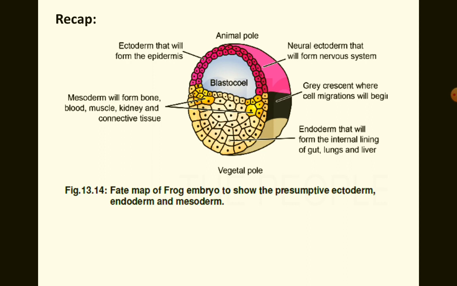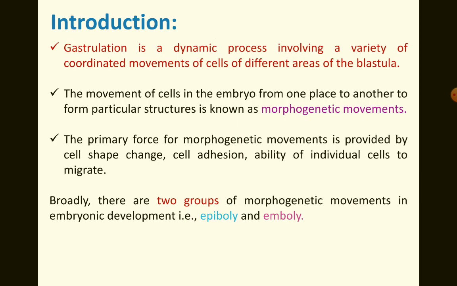Now let us understand in detail how this whole process of gastrulation takes place. Gastrulation is defined as a dynamic process. Why do we call this a dynamic process? Because we come across lots of morphogenetic movements, the movement of cells, and lots of activity in the cell happening in order to perform these movements.